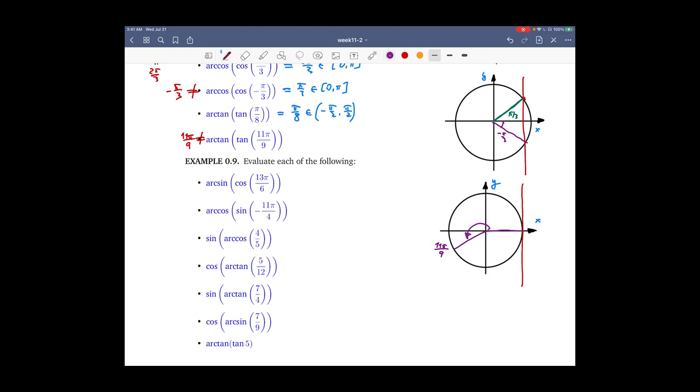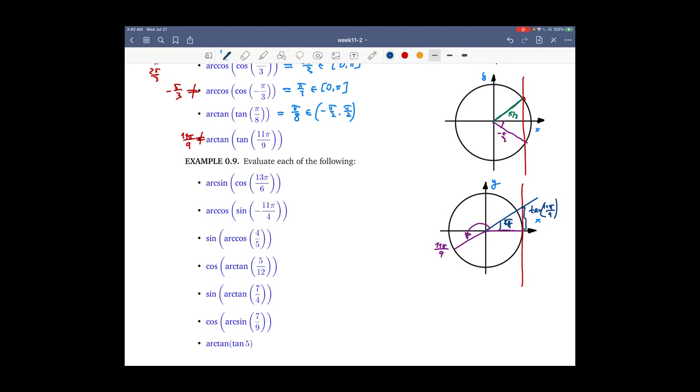So this here is tangent of 11 pi over 9. It's a positive number. What about this angle? What's the measurement of this angle? Well, the measurement of this angle is 11 pi over 9 minus half revolution. So 11 pi over 9 minus pi. That is, of course, 2 pi over 9. So this angle here is 2 pi over 9.